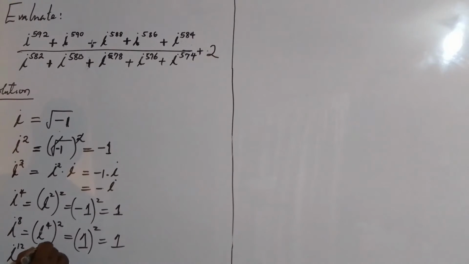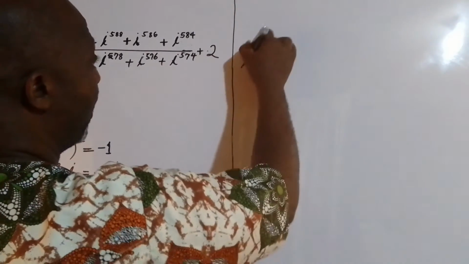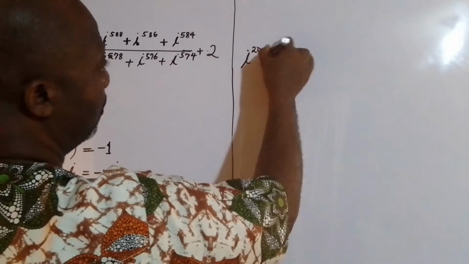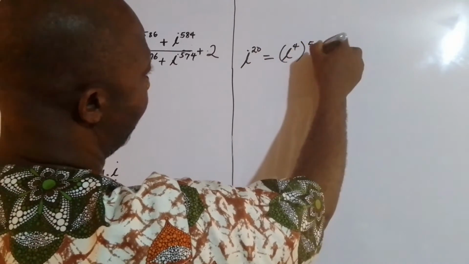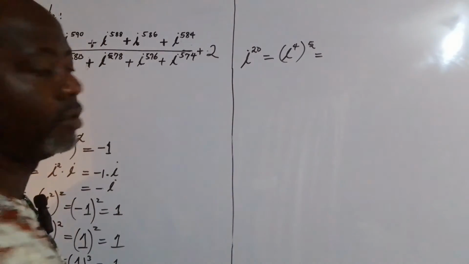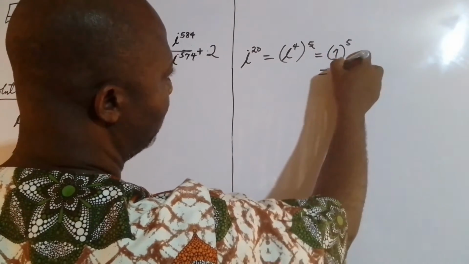That will be i to the power of 4, to the power of 3, which is the same as 1 to the power of 3, which will give us 1. And I can go on and say, for example, i to the power of 20. Of course, this is the same as i to the power of 4, to the power of 5. i to the power of 4 is 1, and when you raise that to the power of 5, the answer is 1.